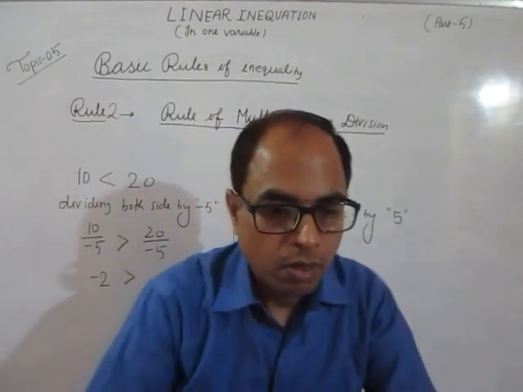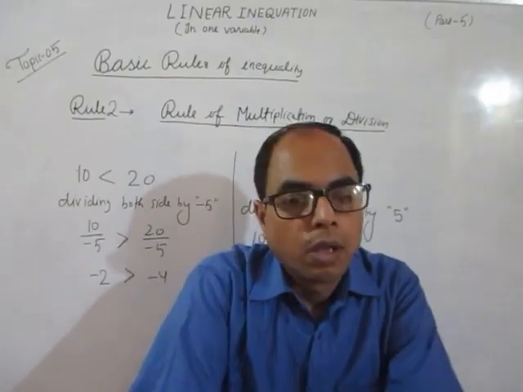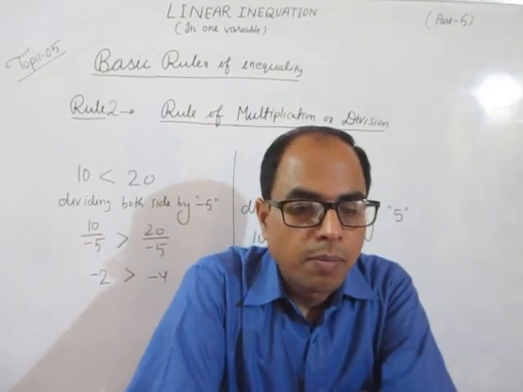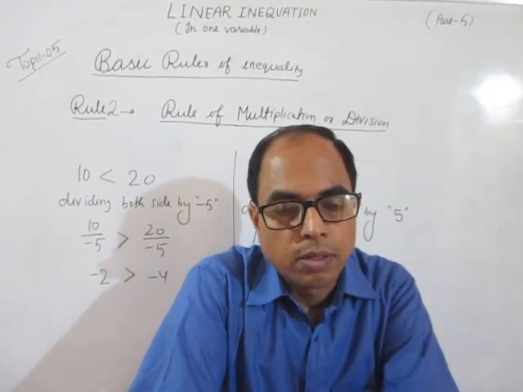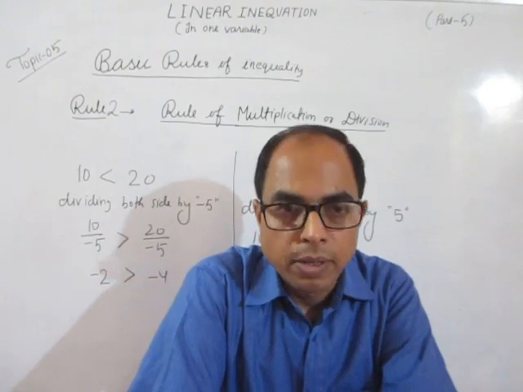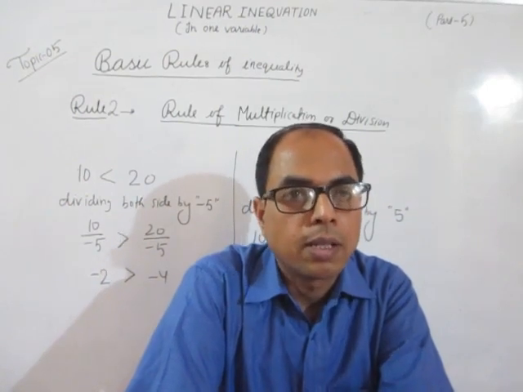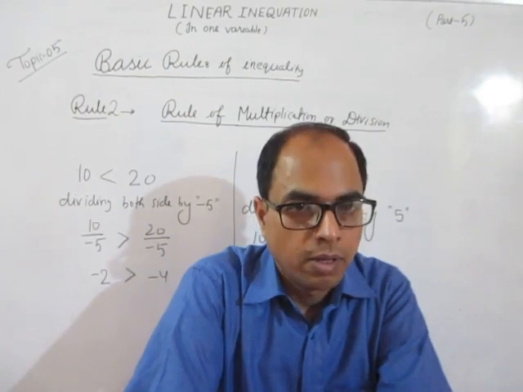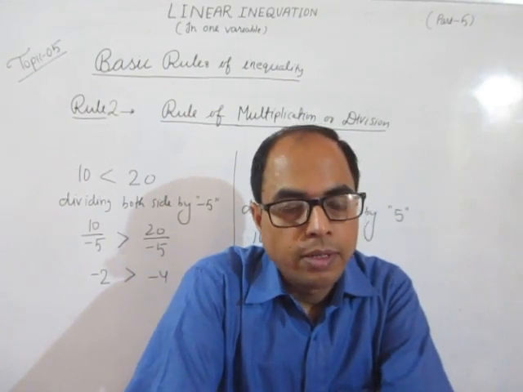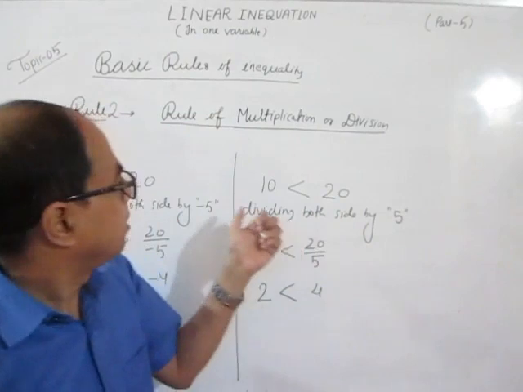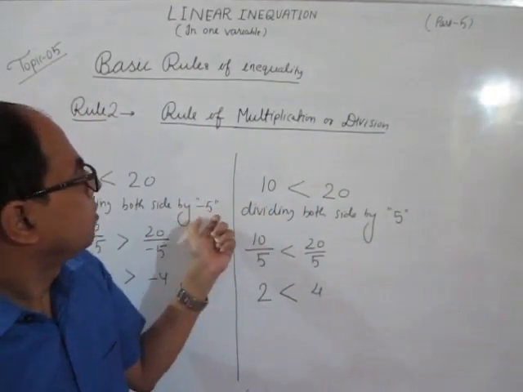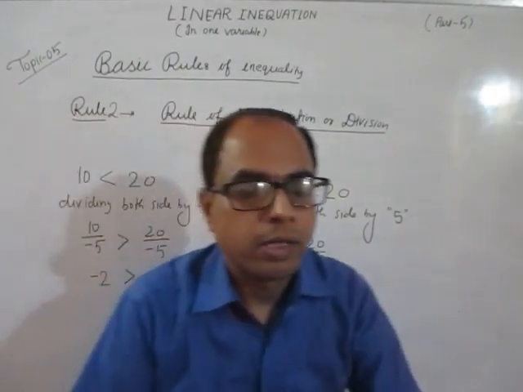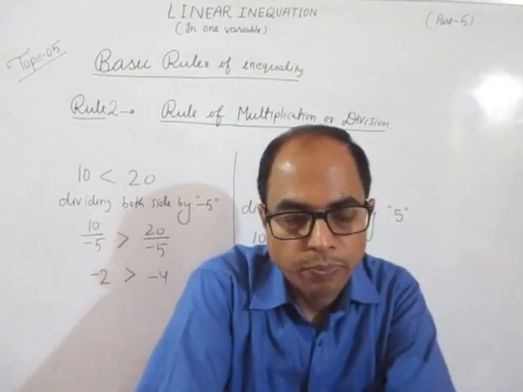So we can multiply both sides of an inequality as required, but keep in mind that the same is true for multiplication also. I have given the example of division. You can verify the same is true for multiplication also.